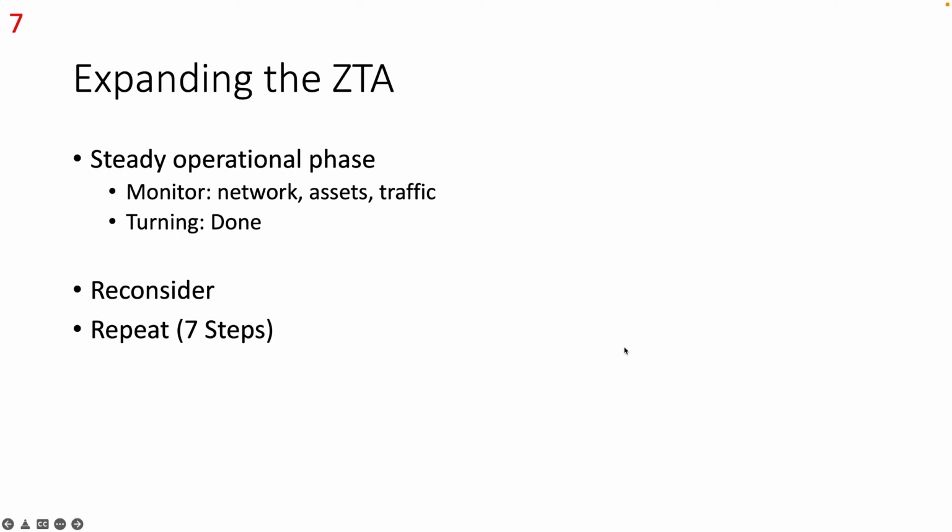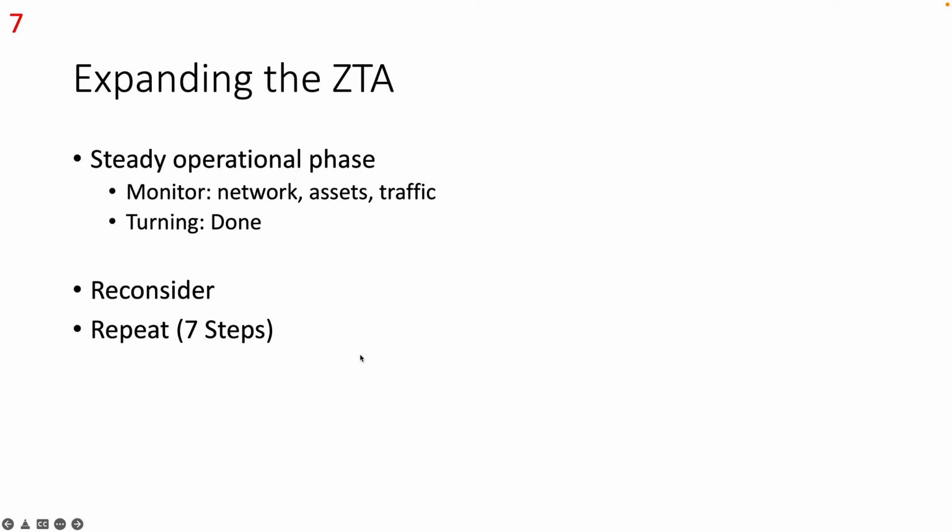At this stage, the enterprise administrator can begin planning the next phase of zero trust deployment, and the whole structure should be reconsidered if there is any major change to subjects or assets in the network.